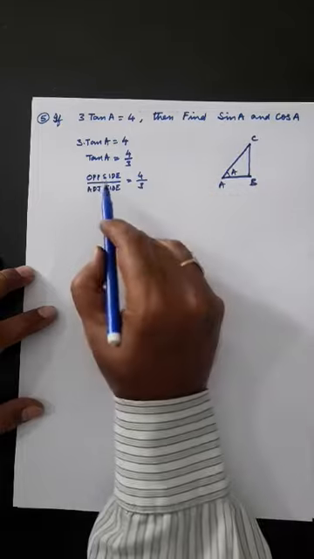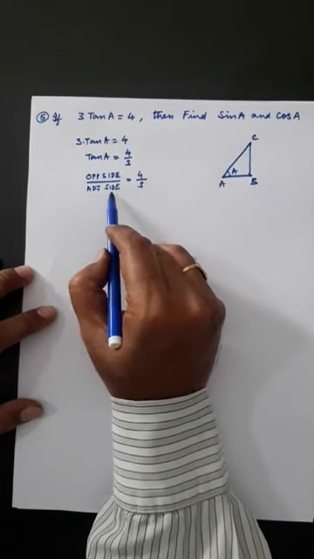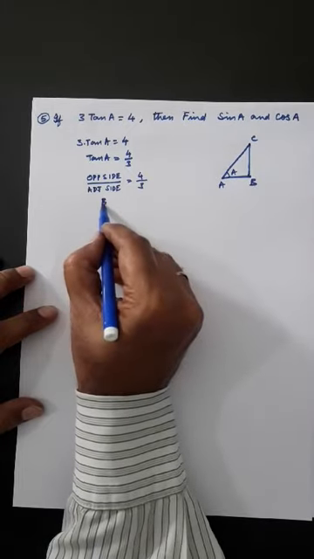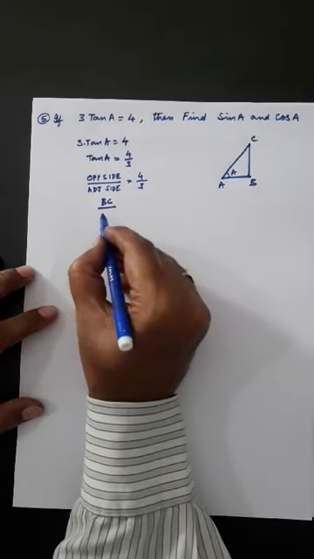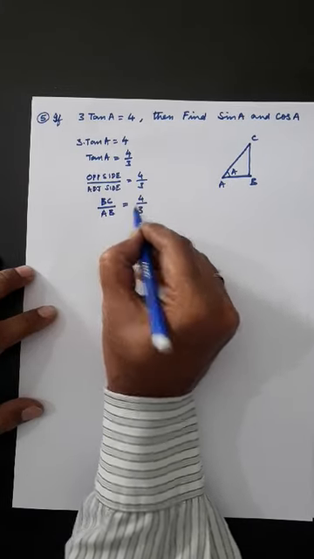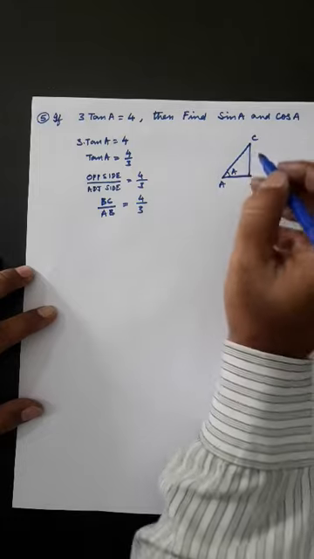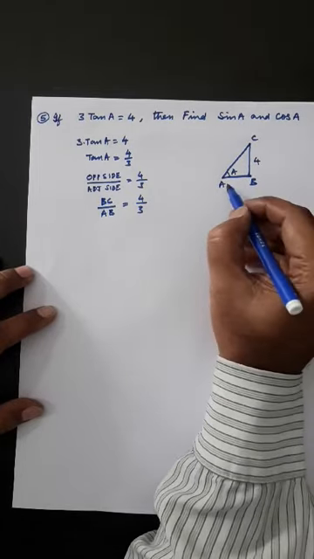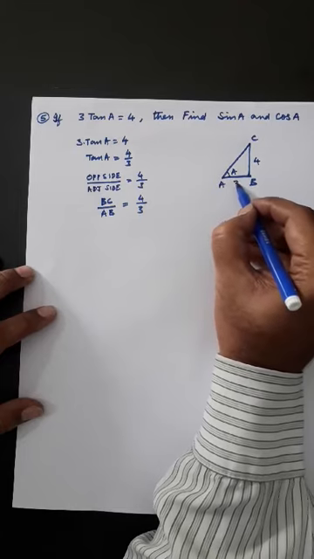So opposite side divided by adjacent side. Opposite side to A is BC divided by AB equal to 4 by 3. Okay. So BC is 4 and AB is 3.